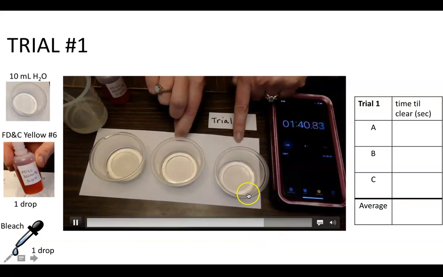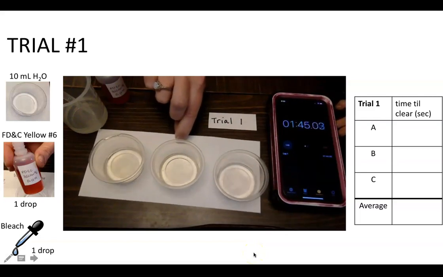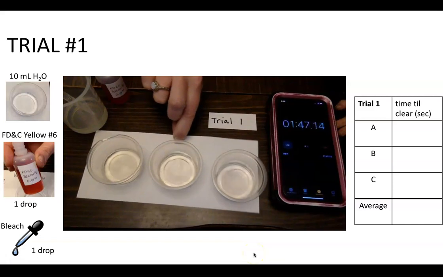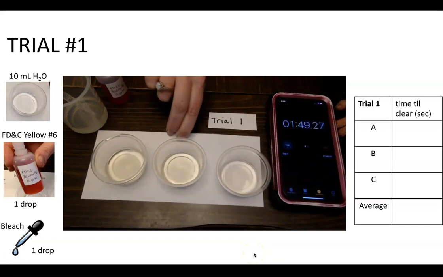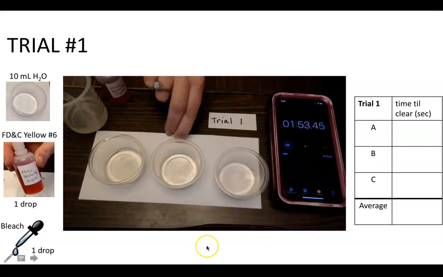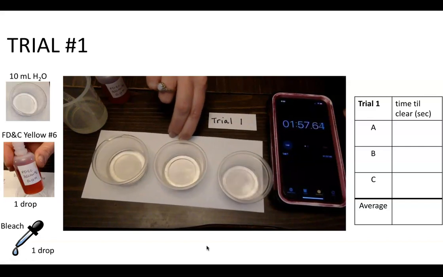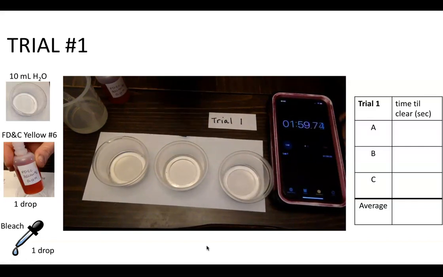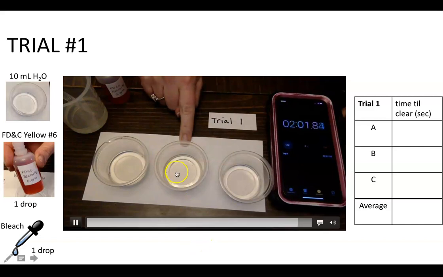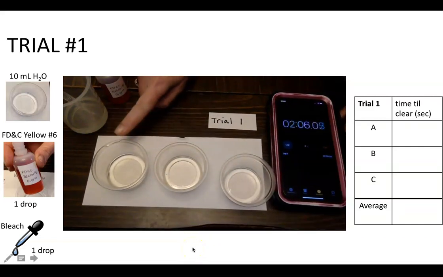So I just called this one at 1 minute and 40 seconds-ish, so that's 80 seconds, right? Nope, 60 plus 40 is 100. 100 seconds for that one. This one we called it 2 minutes, so that's 120 seconds.